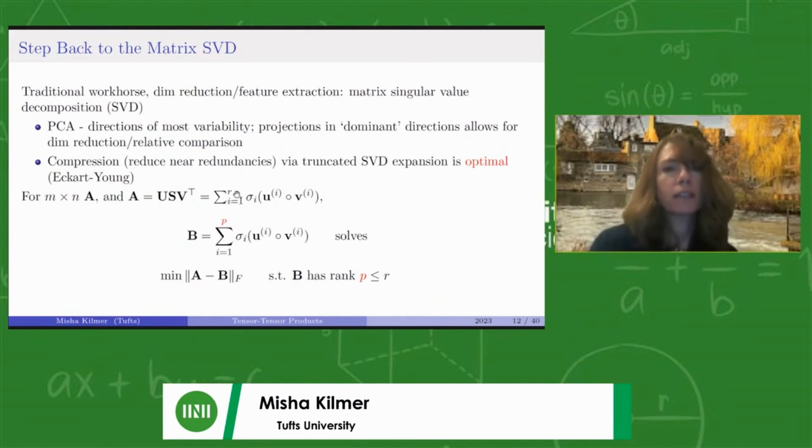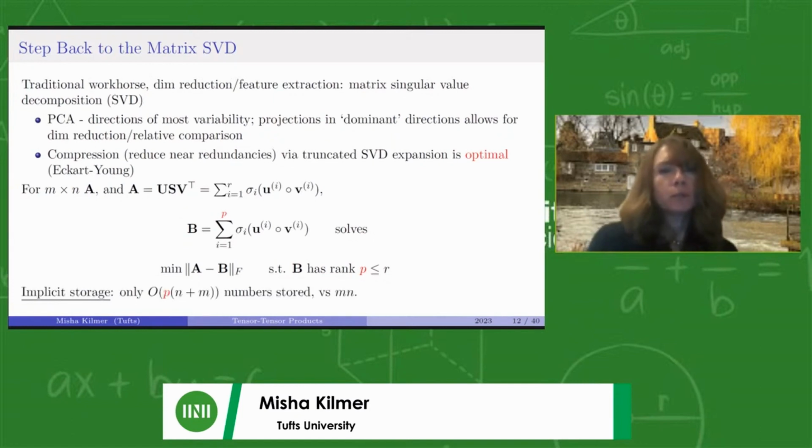I just need to truncate this summation to R terms and instead take P terms of it. The singular values are arranged in non-increasing order, so I'm basically throwing away the terms that have the least amount of energy and retaining the terms that have the most amount of energy, and that gives me an optimal approximation.